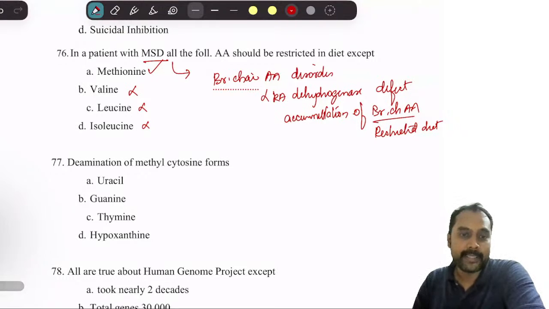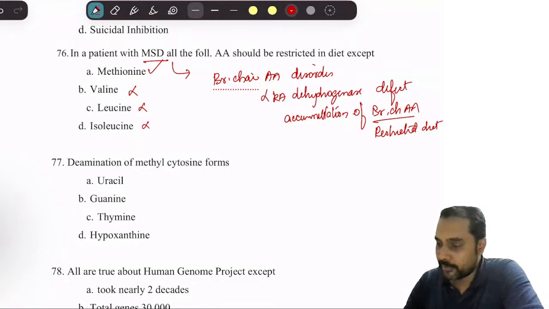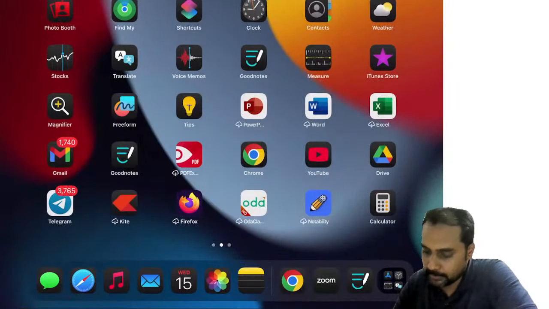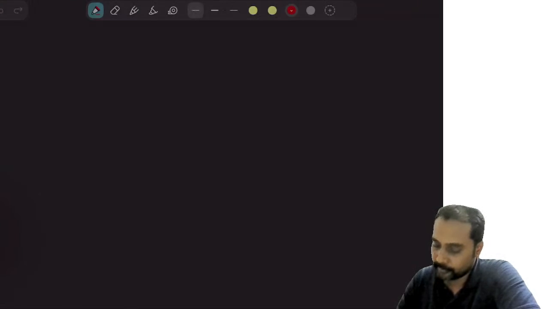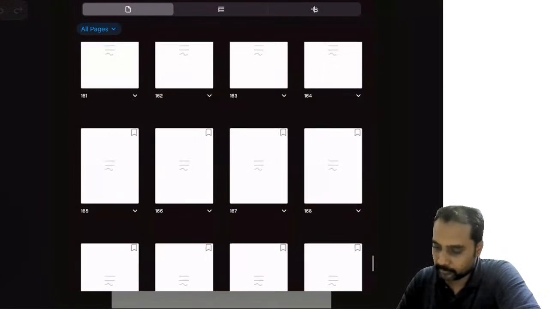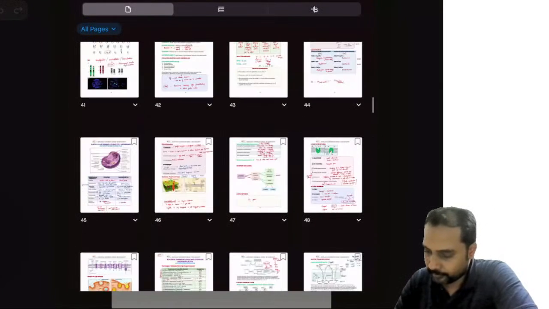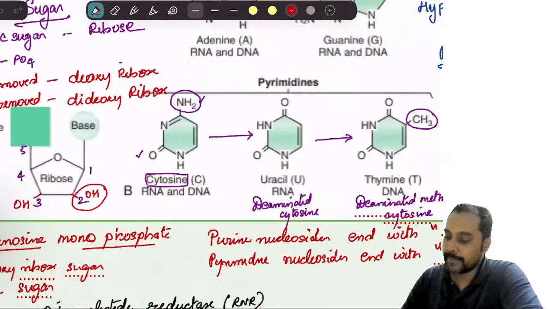Deamination of methyl cytosine forms. I have shown you this in the class, and in our workbook also we have shown you. Let me open the workbook. Just give me a minute. So this is the page.